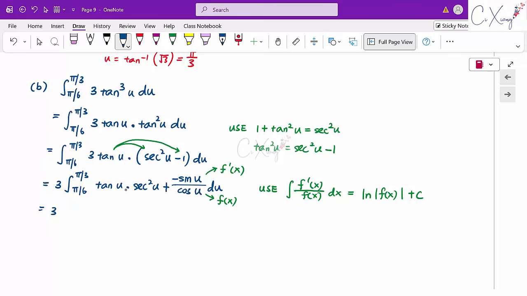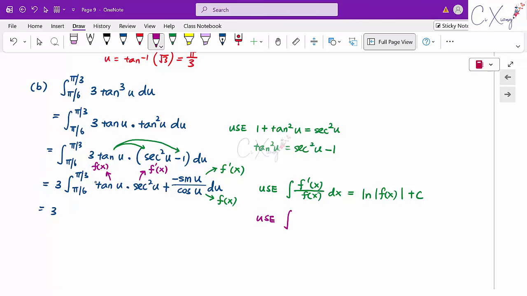Then how about this particular term? I use purple color here. I know that if my tangent u is f(x), then differentiating tangent gives secant square, right? So the secant square is my f prime x. Then when I'm having anything with f prime x and also the f(x) pattern, how can we integrate this form?